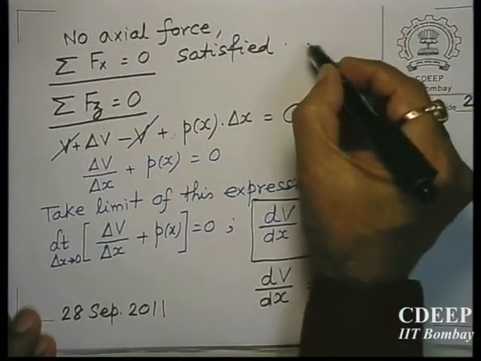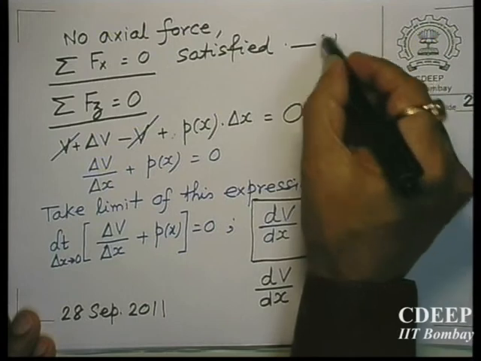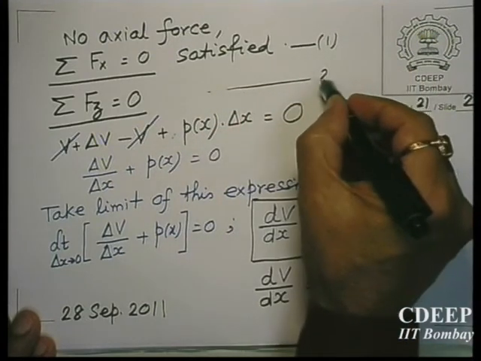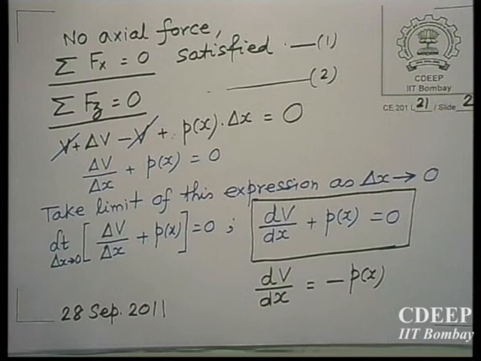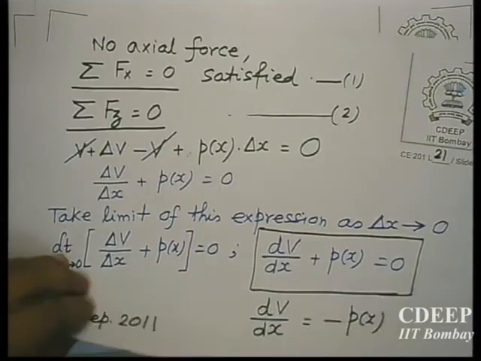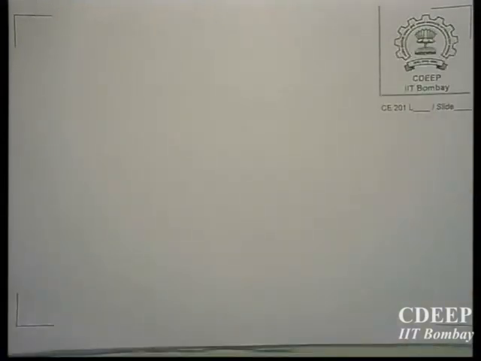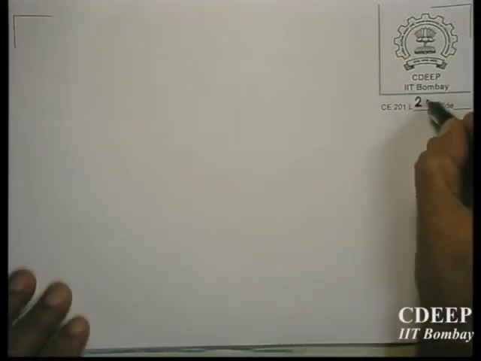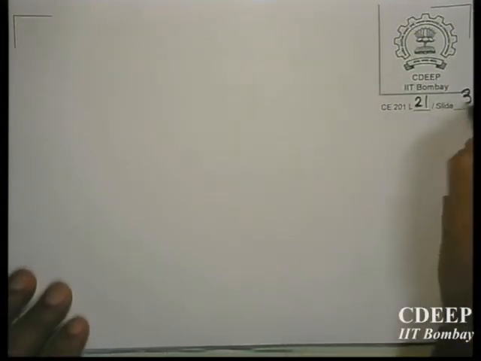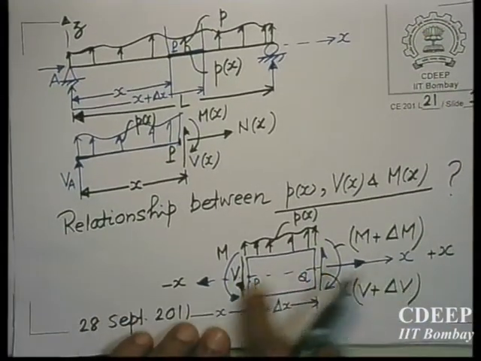So, this is a very important relation which relates shear force with load. Now, so far we have used two equilibrium conditions, sigma Fx and the other one. For this small element, we also have one more equilibrium condition, and that is the moment of all forces. So, the sum of the moments of all forces acting on this element must be equal to 0.